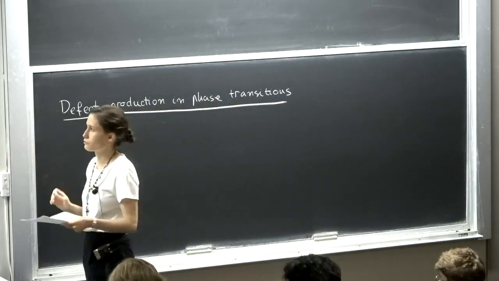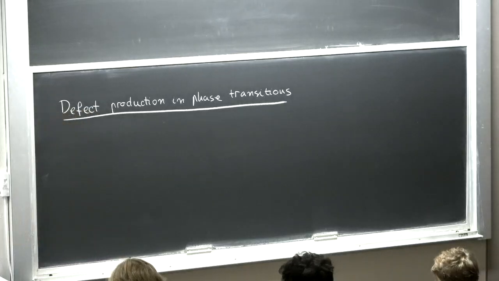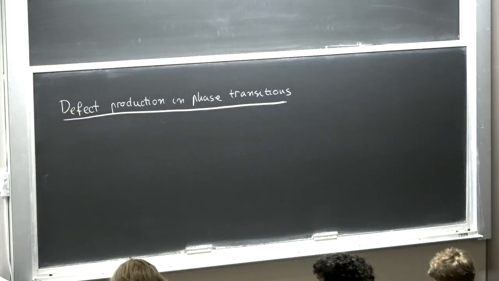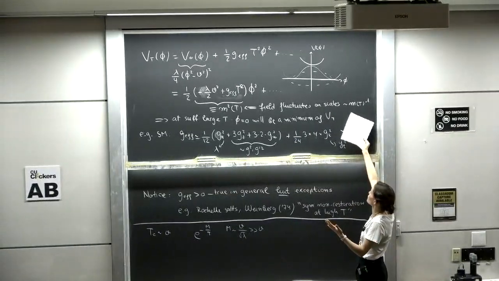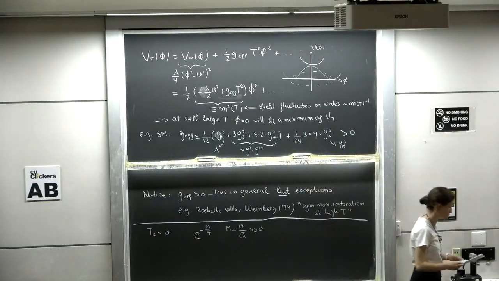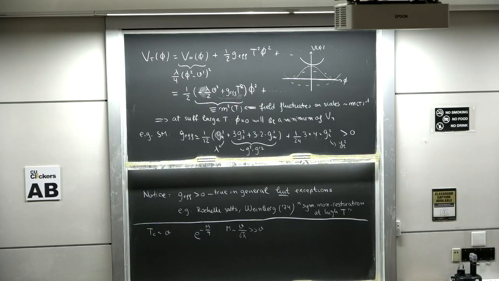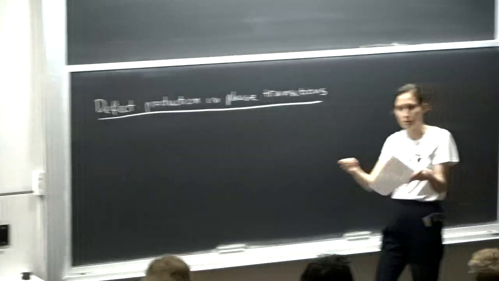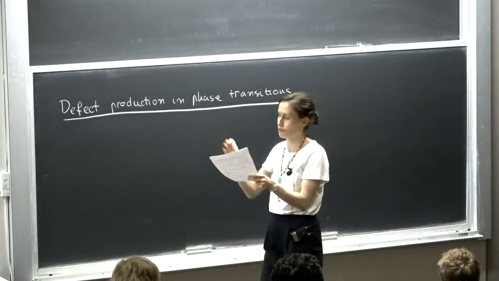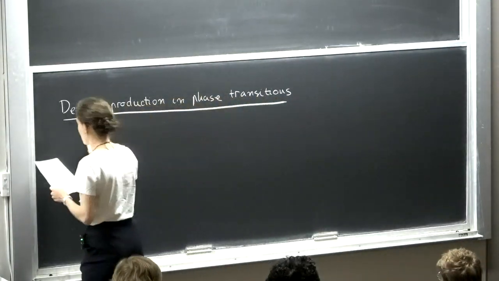The crucial observation is that, as I told you, at finite temperature the field phi will fluctuate on length scales of the inverse quantum wavelength, okay? And that will, to some extent, set the correlation length of the field. The field will only be correlated on distances roughly of that order.